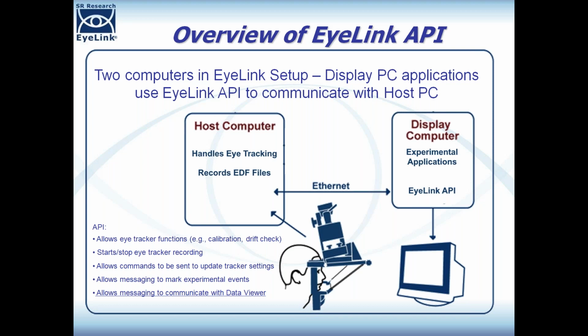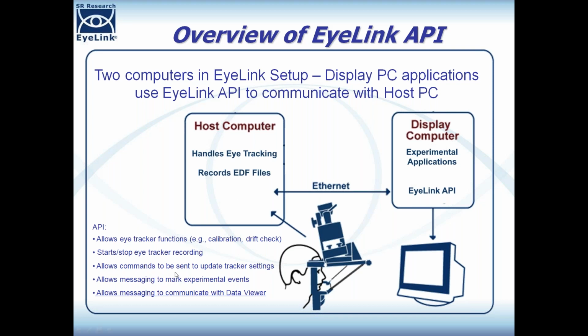But basically, it will allow you to perform certain eye tracker functions like calibration, validation, and drift check. It allows you to tell the eye tracker when to start and stop recording eye data. You can send commands to change settings on the host PC and on the eye tracker. So any of the host PC parameters or settings can be configured via a command from the display PC to the host PC.